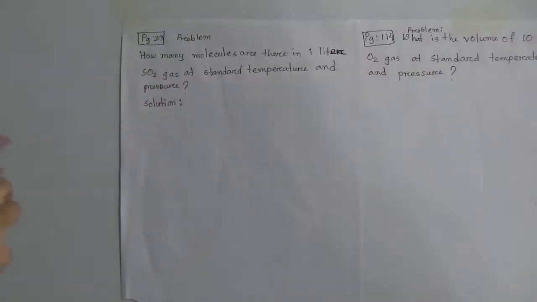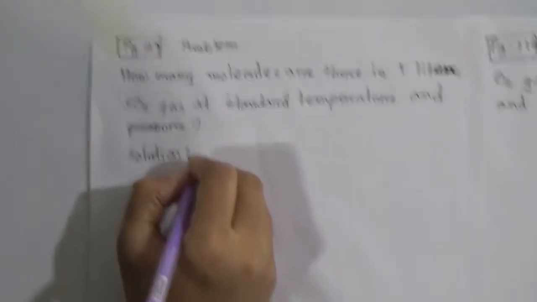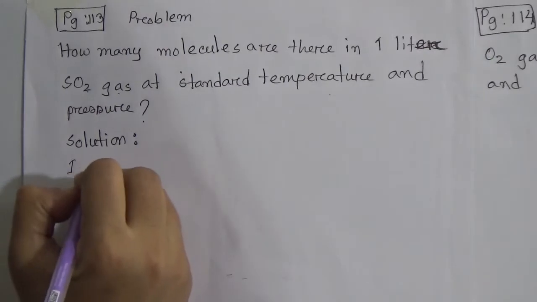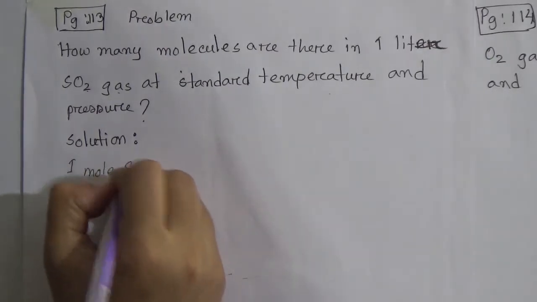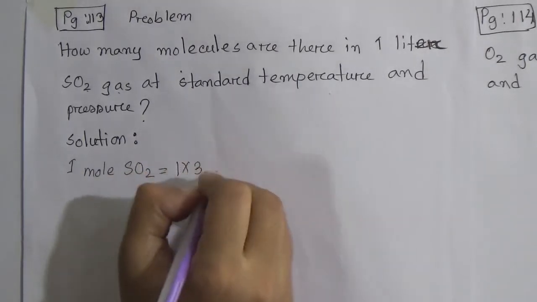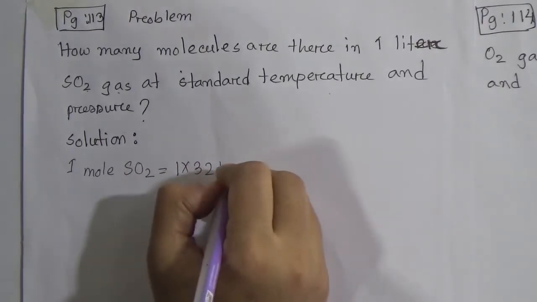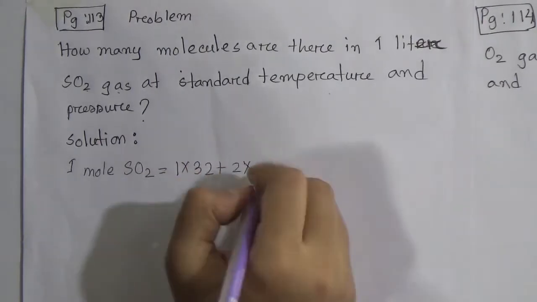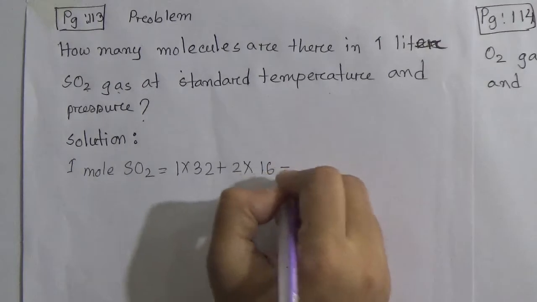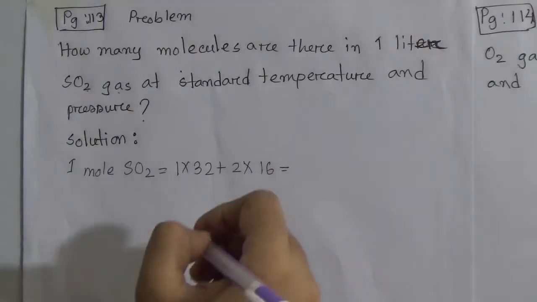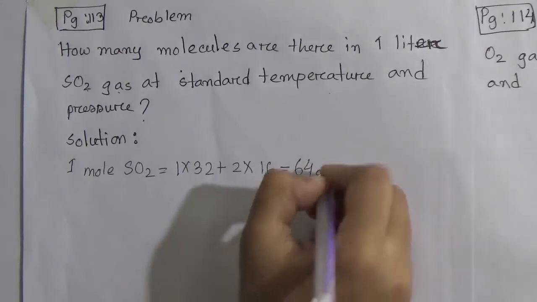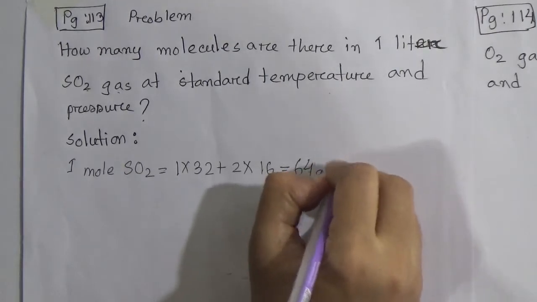Now come to the solution. At standard temperature, 1 mole sulfur dioxide is equal to 1 multiply sulfur atomic mass 32 plus there are 2 atoms of oxygen, oxygen atomic mass is 16, that is 64 gram. 32 plus 32 is equal to 64 gram sulfur dioxide.